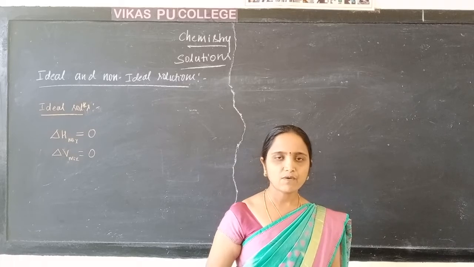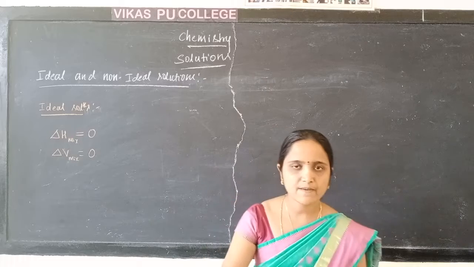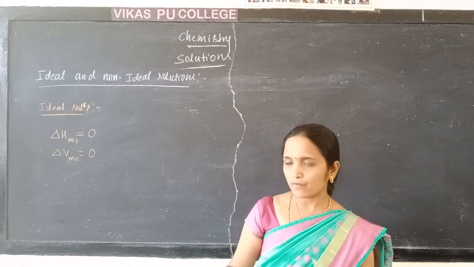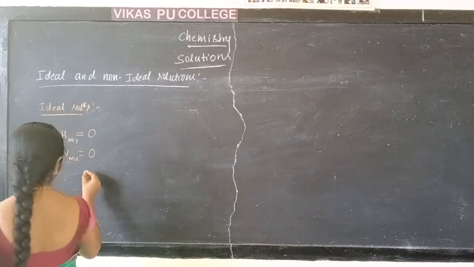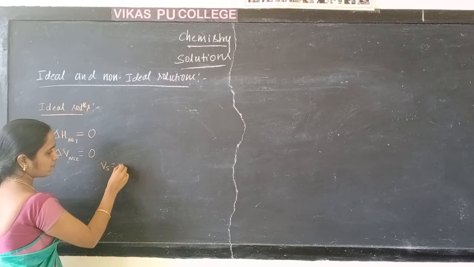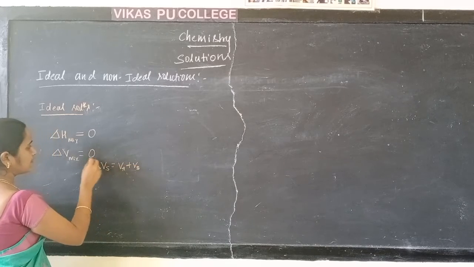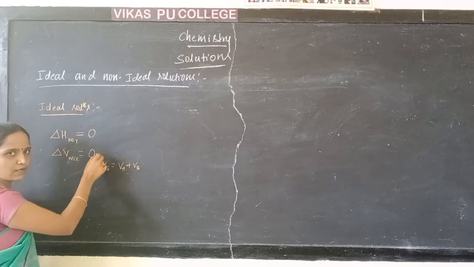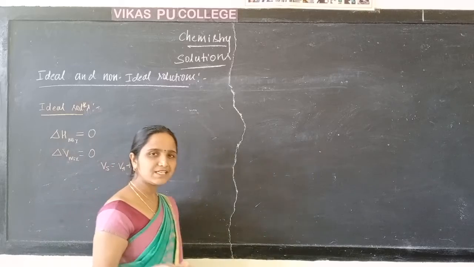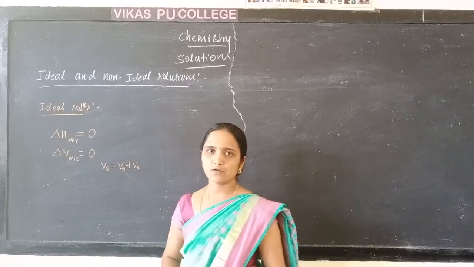The solution contains two components, component A and component B. The volume of the solution is equal to volume of A plus volume of B. At that time, there is no change in the volume, so the change in the volume is equal to 0. It's another characteristic of the ideal solution.